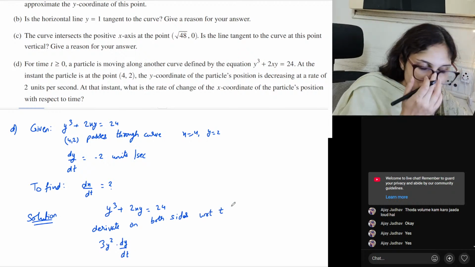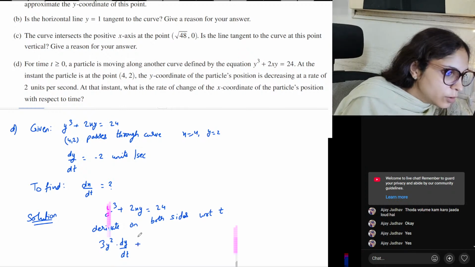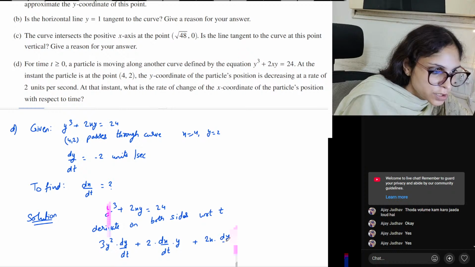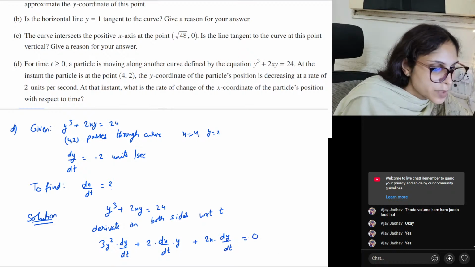We are differentiating with respect to t. Over here, we'll have to apply the product rule. So 2 times dx over dt times y plus 2x times dy over dt, and differentiation of 24 is 0.